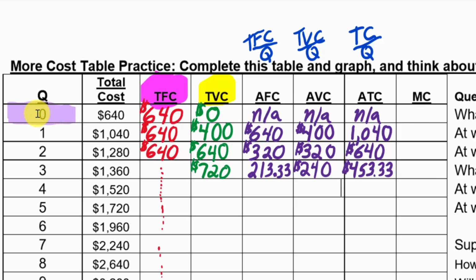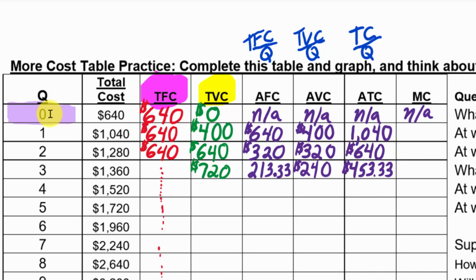So when we're talking about producing 0 units, how much money does it cost to produce the 0 unit? Well, that doesn't make any sense to ask, so it's, again, not applicable here. Or you could just draw a dashed line through it if you like.